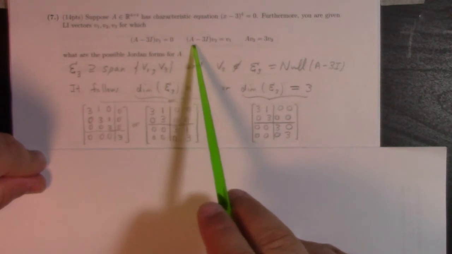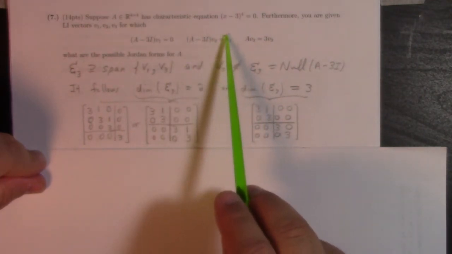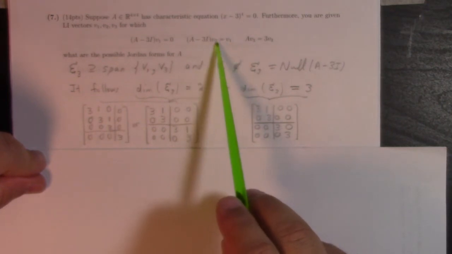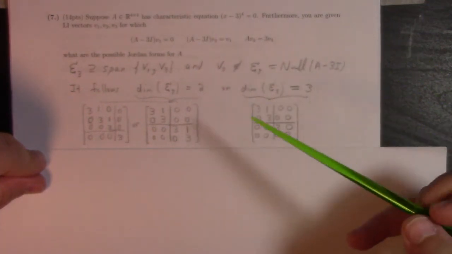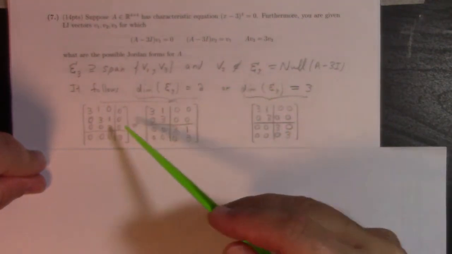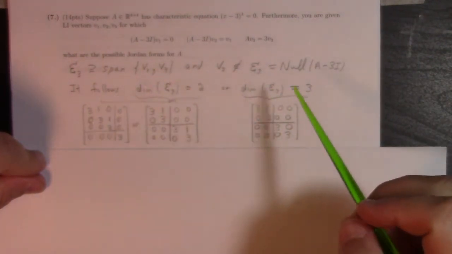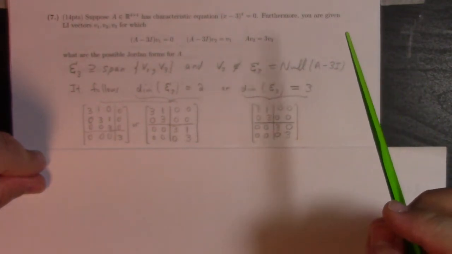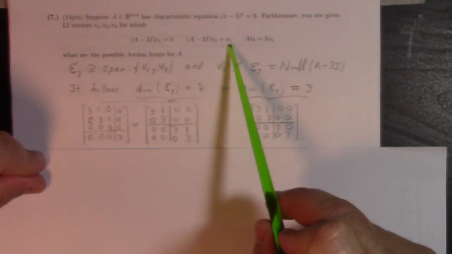That means that there's at least one Jordan block which is 2 by 2. So this V2 can either make this 2 by 2 block, or this 2 by 2 block, or the start of this 3 by 3 block. But the point is, we can't have all 1 by 1 Jordan blocks. That's not allowed because this right here basically says that A is not diagonalizable.